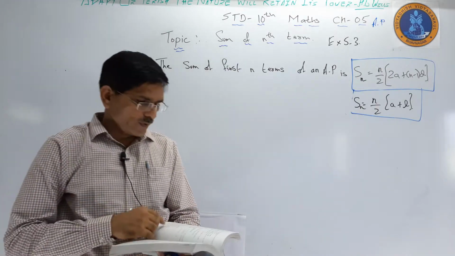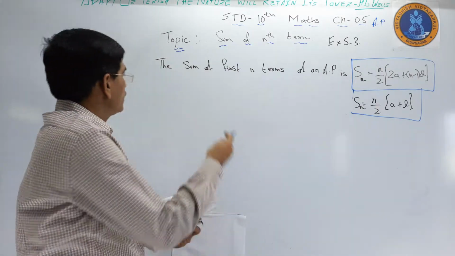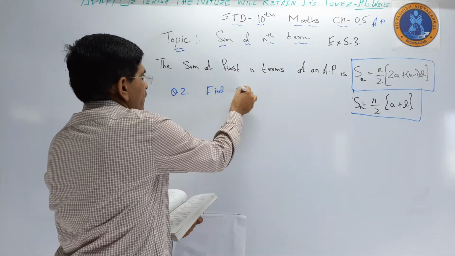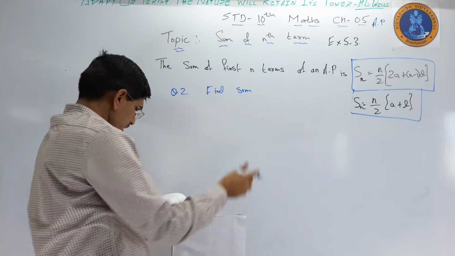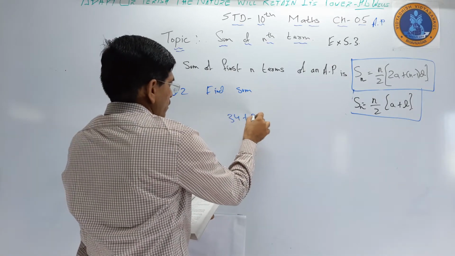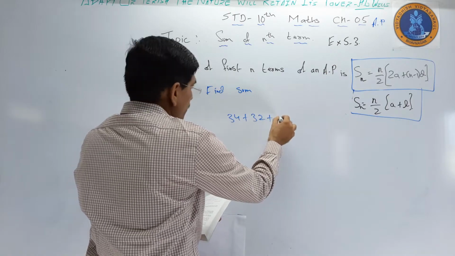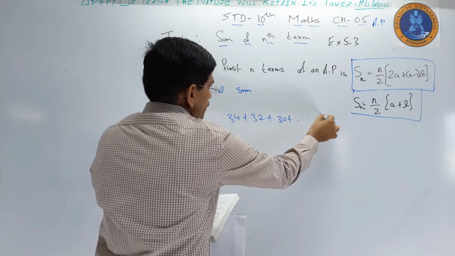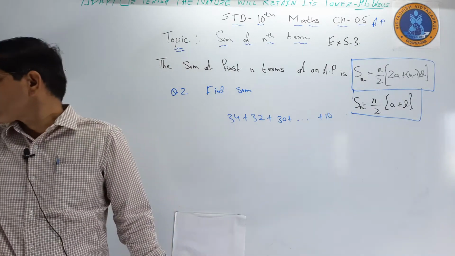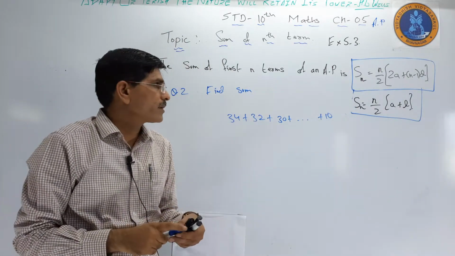So, in the next question, question number 2, again find the sum: 34 plus 32 plus 30 plus up to 10. Here n is not given.